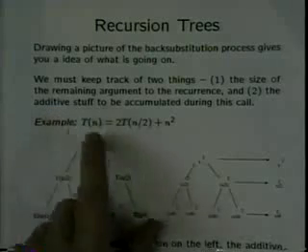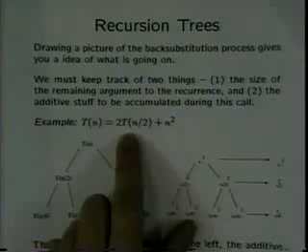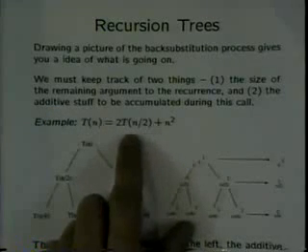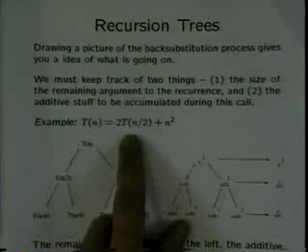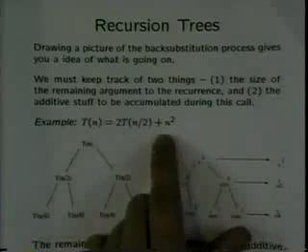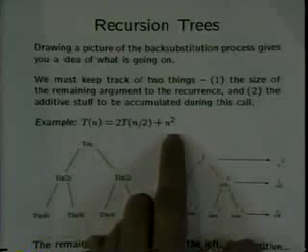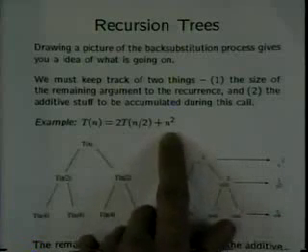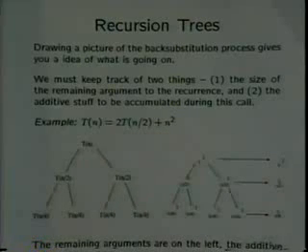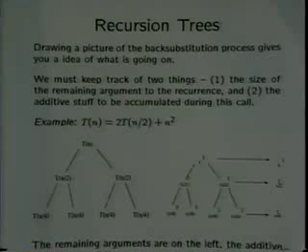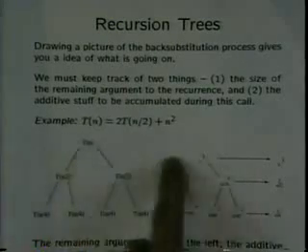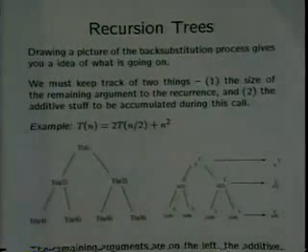The first is the remaining argument that needs to be evaluated. The second is the additive amount that was being added each time you substitute the equation in for itself. You've got to keep track of both of those things when solving the recurrence, and in fact, the value of this recurrence is the sum of both of those components.